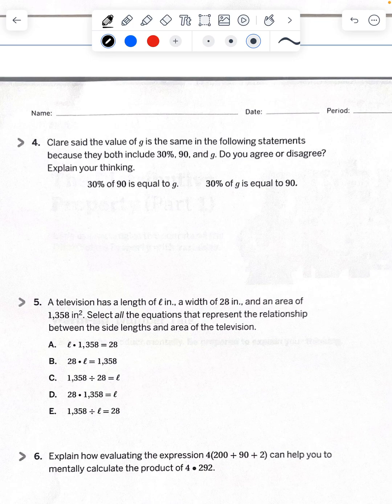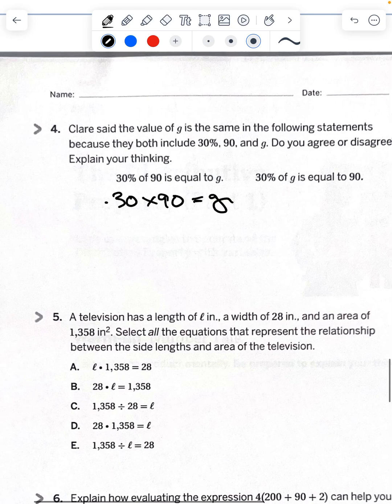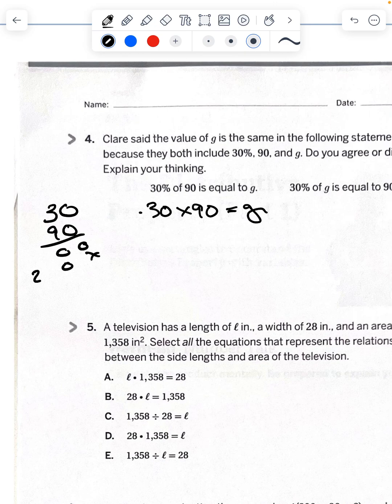Okay. So on the left-hand side, 30% of 90 is equal to G. 30% of 90. Remember, you change your percent into a decimal and you multiply, and she's saying that's equal to G.